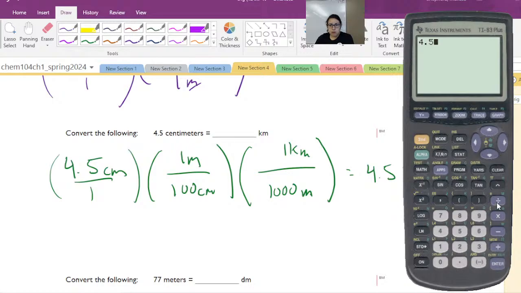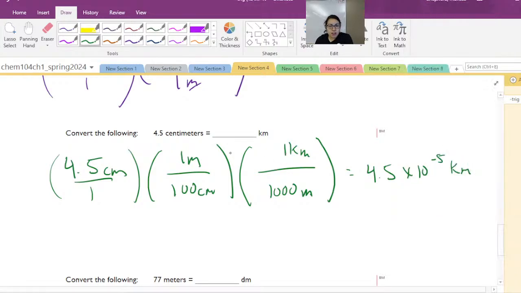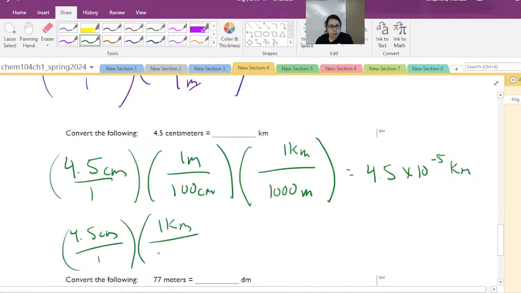Did anyone do a 1-step conversion on this? Yeah, you did? What did you find as your factor, or walk us through? Yeah, I did 1.5 centimeters times 1 kilometer over 100,000 centimeters.